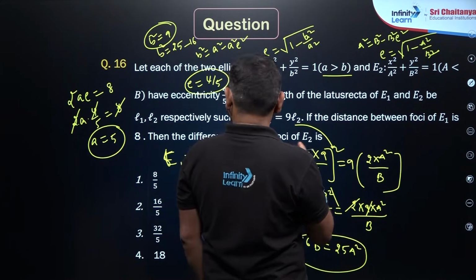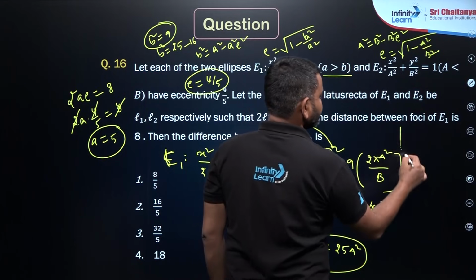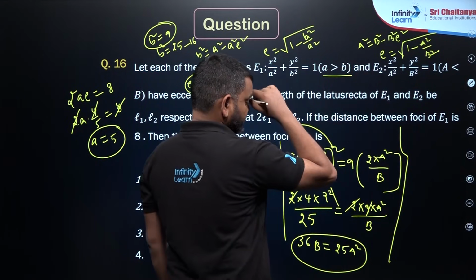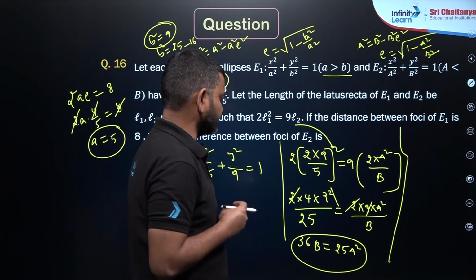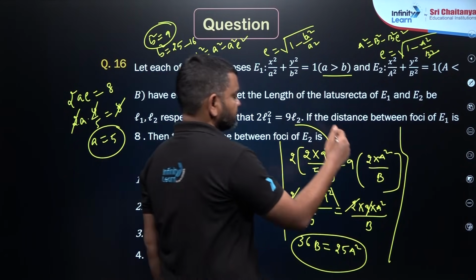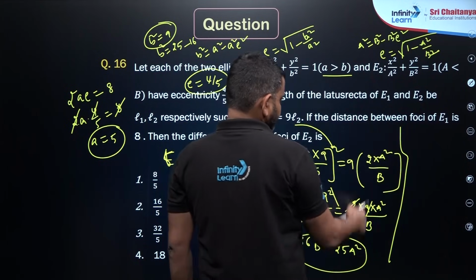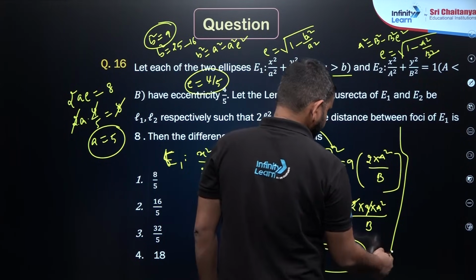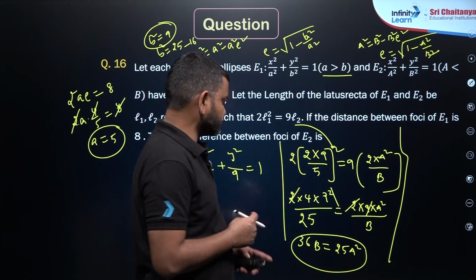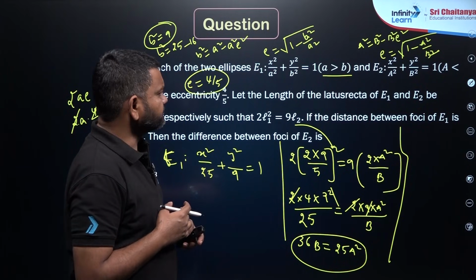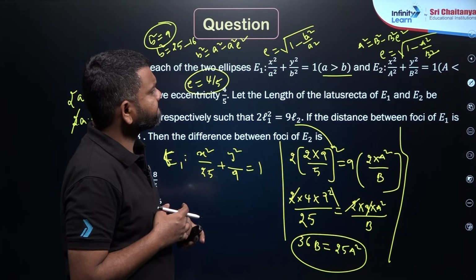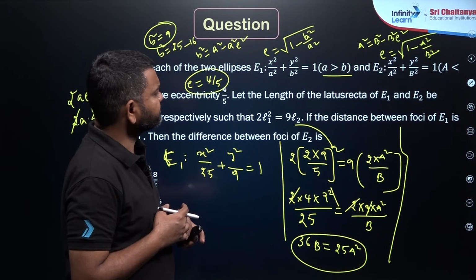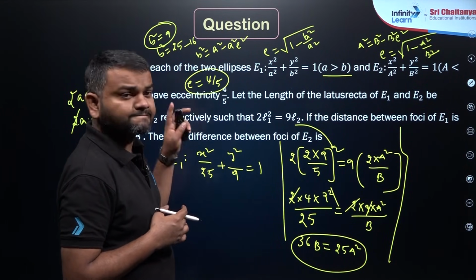And the difference between the foci of E2 I need. Here I have a square and the relation with this eccentricity value I already know. A square value you just try to put in that. If I substitute a square here, this is going to give you a quadratic equation in terms of b. When you already know the eccentricity, can we write something from that directly?